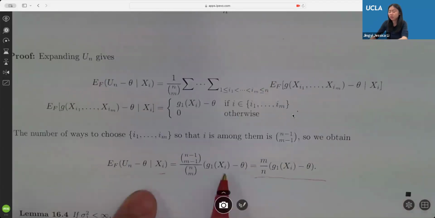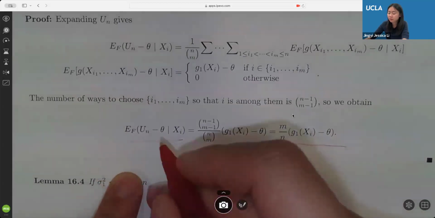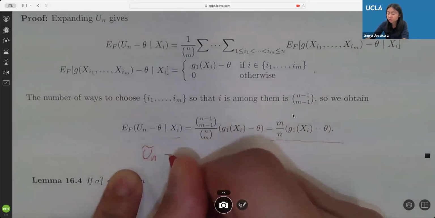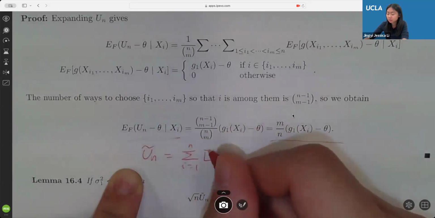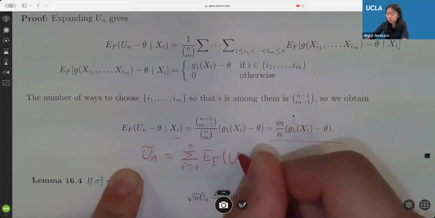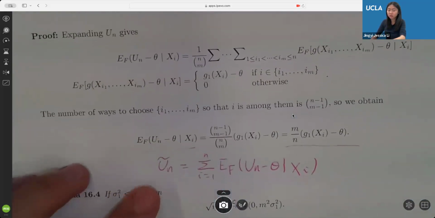And this will make it much easier to derive the asymptotics of U_n tilde. Remember, U_n tilde on the previous page is the sum, i from 1 to n, of the expectation of U_n minus theta given xi. Right, this is the U_n tilde.